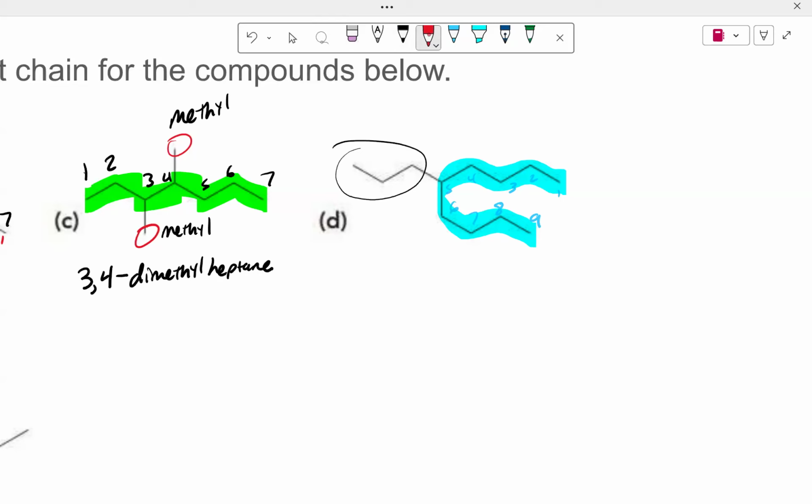I look at the table. Hopefully you have it memorized. Three carbons is the prefix prop, and then I change the ending to yl. So that's a propyl group. So the name starts off 5-propyl, and then 9 carbons is the prefix non. So that's nonane, 5-propylnonane.